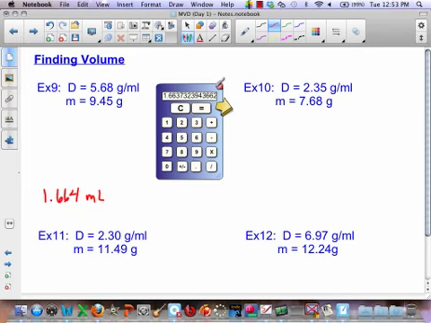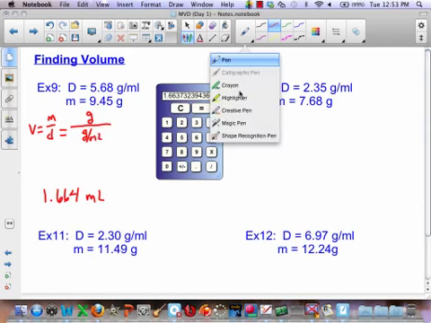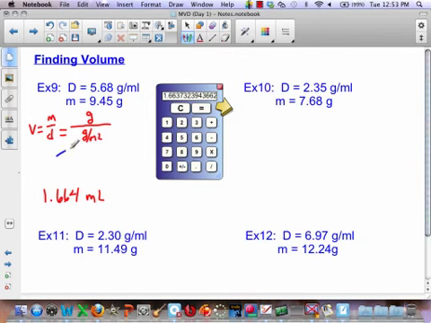If I actually take volume, which is mass over density, well, that's going to be my grams divided by grams per milliliter. All right, and then guys, honestly, what would we call this thing? If you're in math class, what would you call that?